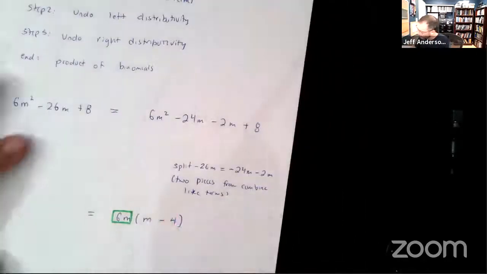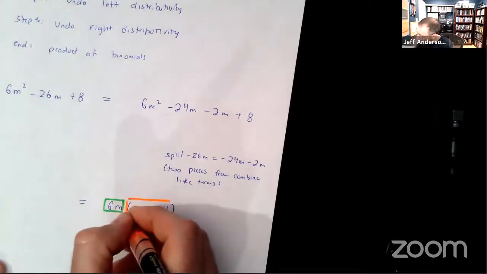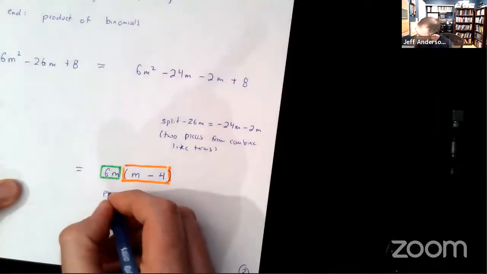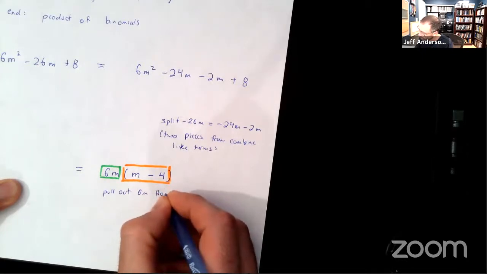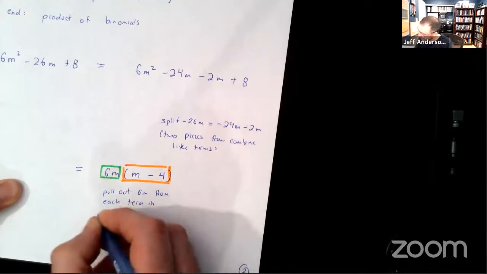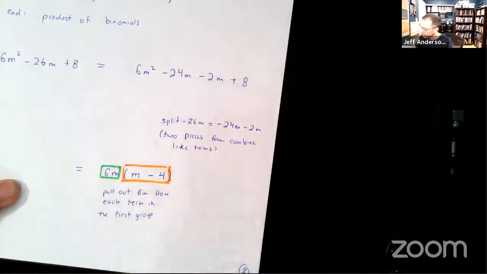That we called factoring. We've seen that as pull out 6m from each term in the first group. And what do I mean by the first group?